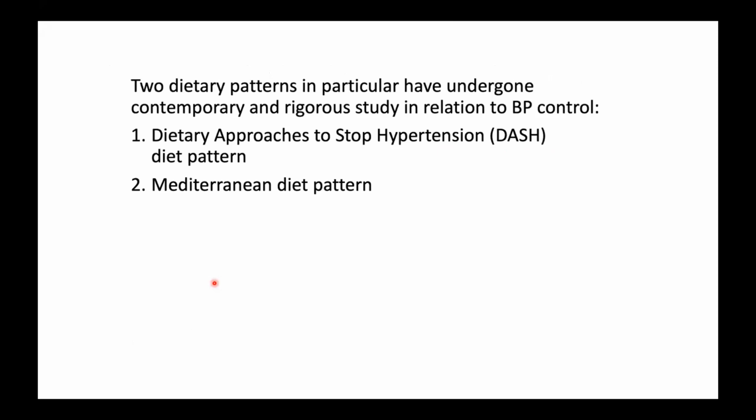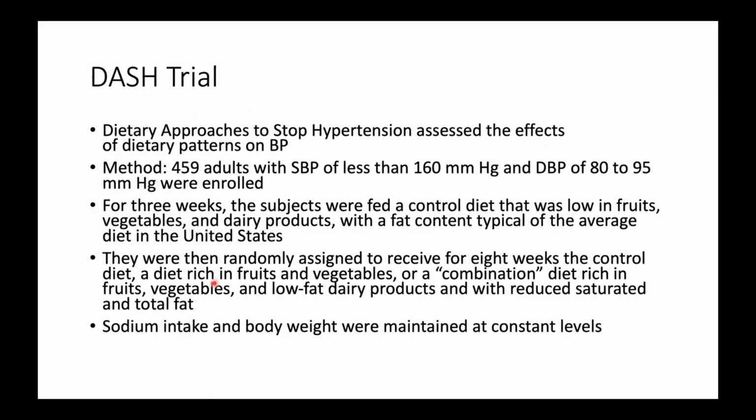So we'll go to two dietary patterns, because they have been studied vigorously: the DASH diet plan for the prevention of hypertension, and the Mediterranean diet plan, which has been studied in hypertension as well as in patients with cardiovascular disease.